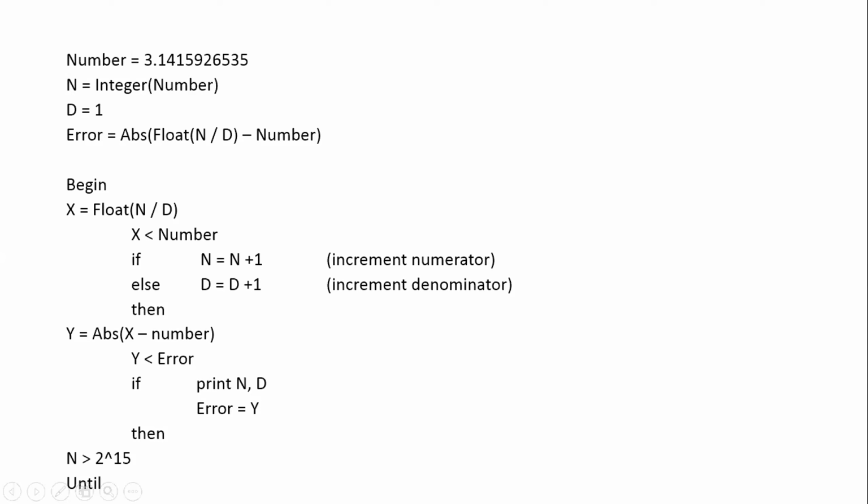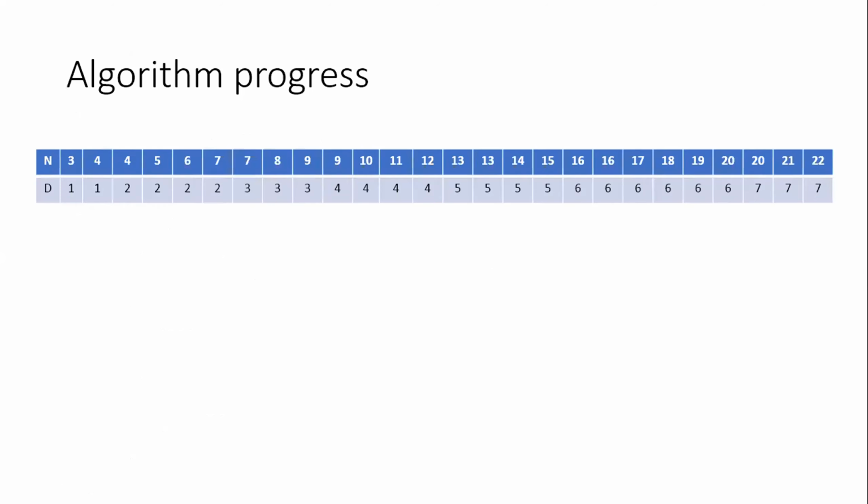So it's a very simple algorithm, and here's how it would progress in calculating pi to be 22 divided by 7. You can see how the numerator and denominator increment, and as you do this, you get closer and closer to pi.